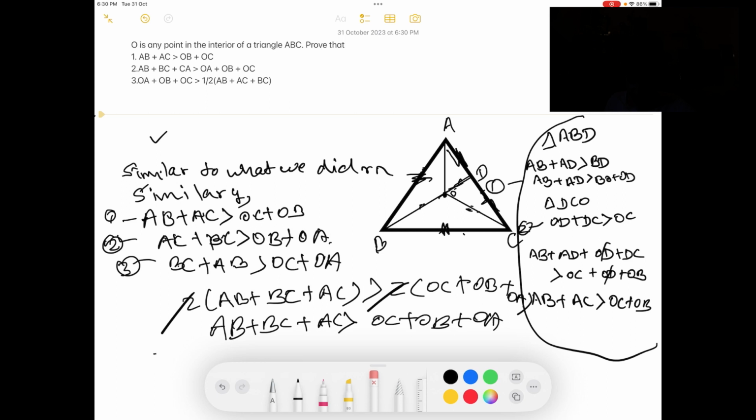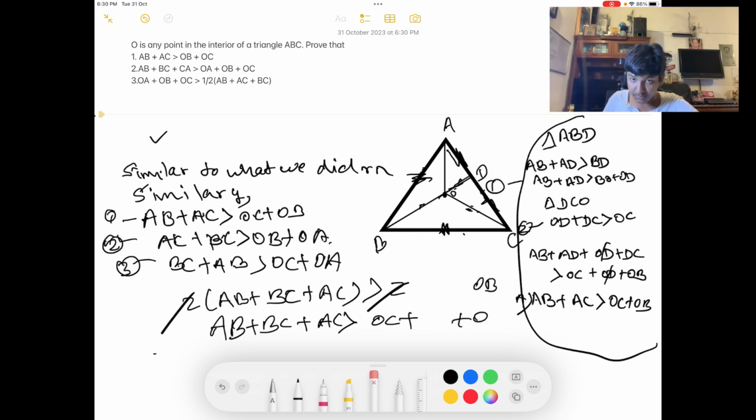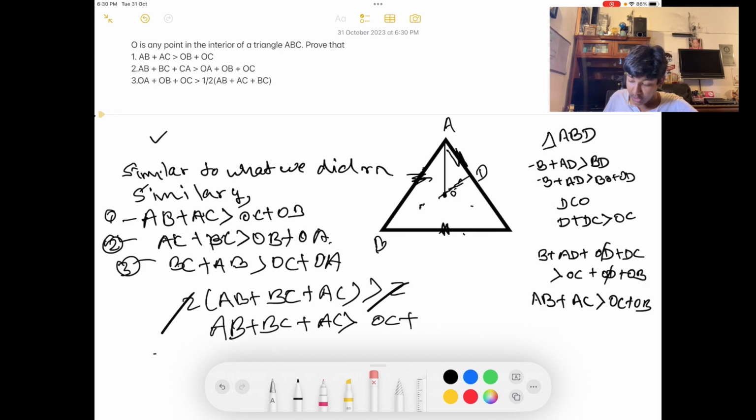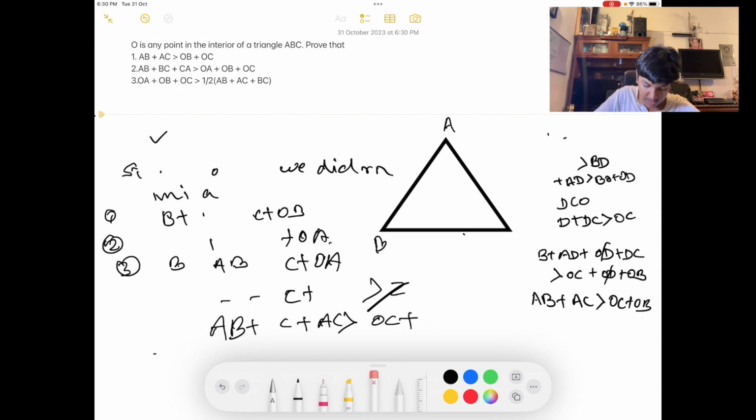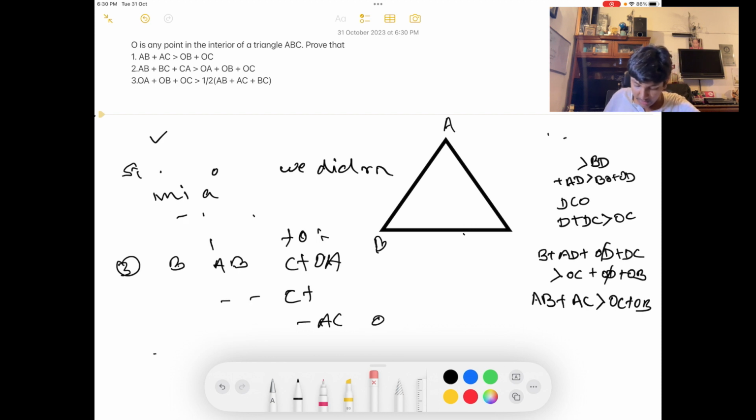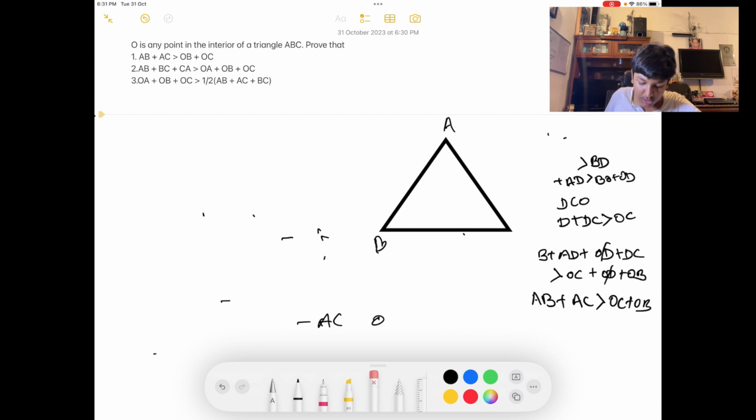And proving the third part is very easy. Alright, so the third part is saying that OA plus OB plus OC is greater than half of AB plus AC plus BC. So till now we had proven that AB plus BC plus CA is greater than OA plus OB plus OC.